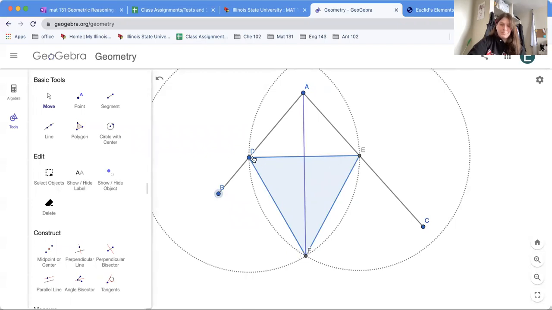So just like before, DF and FA are going to be equal to EF and FA. So angle DAF is equal to EAF. And that's how we know we bisected the given angle BAC.